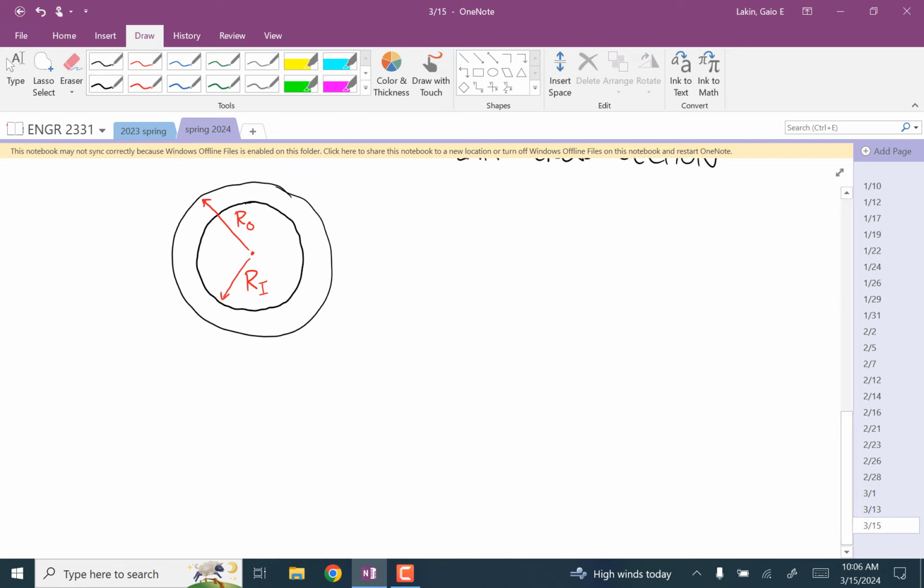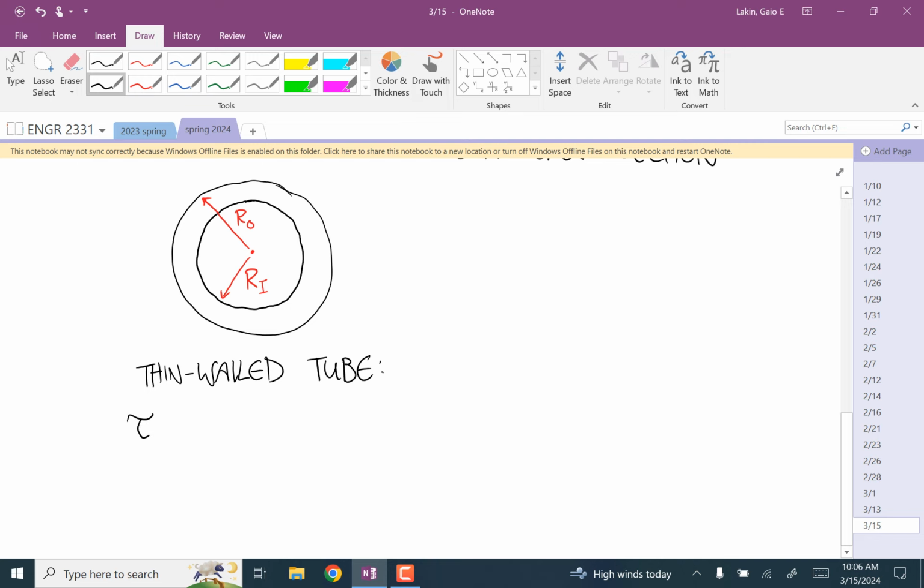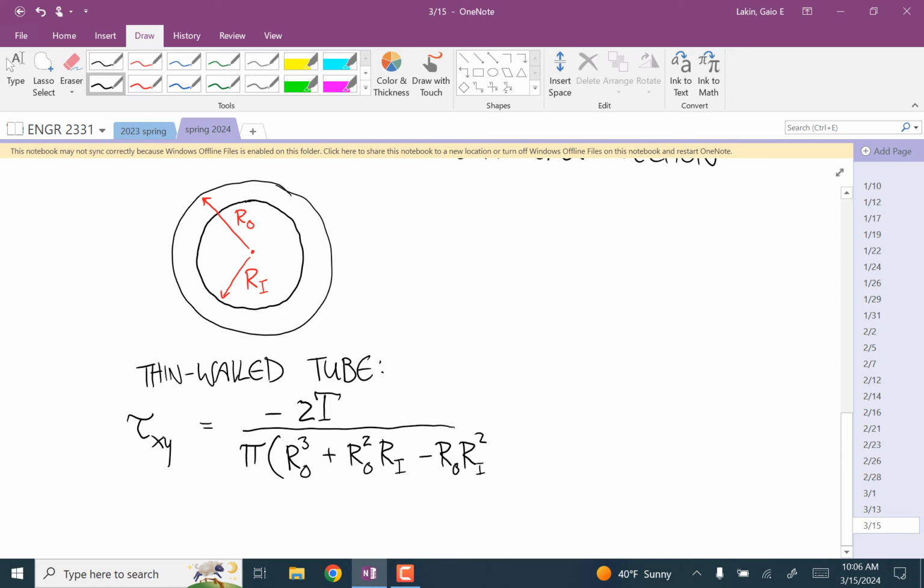So what we got was the tau xy was equal to negative 2T over pi times the quantity r outer cubed plus r outer squared times r inner minus r outer times r inner squared minus r inner cubed.